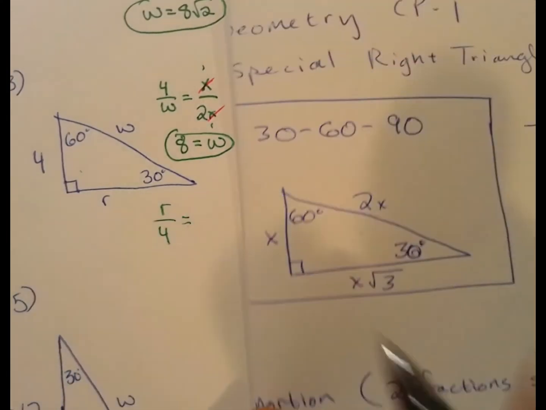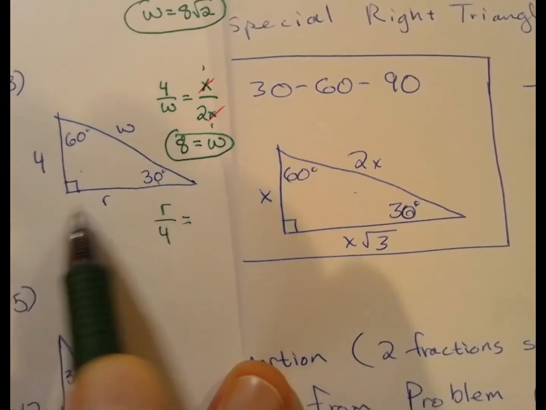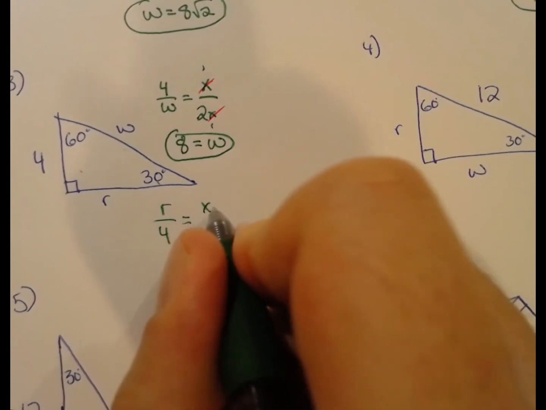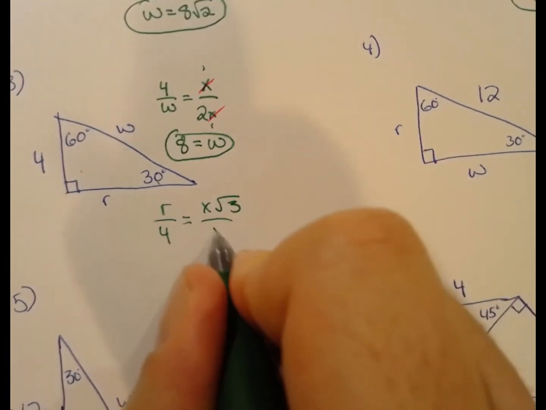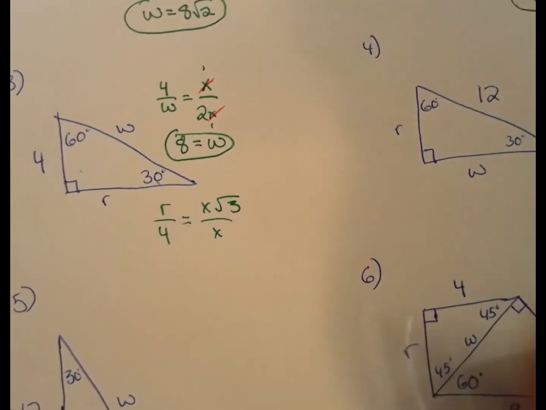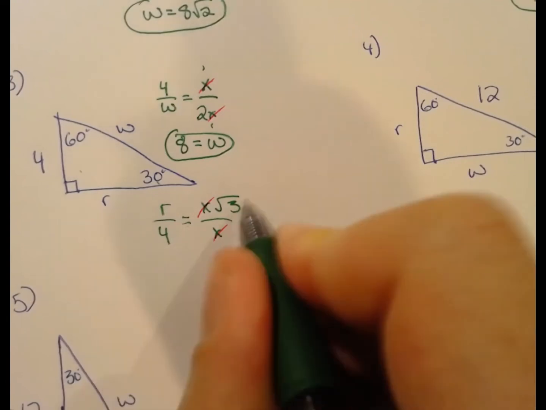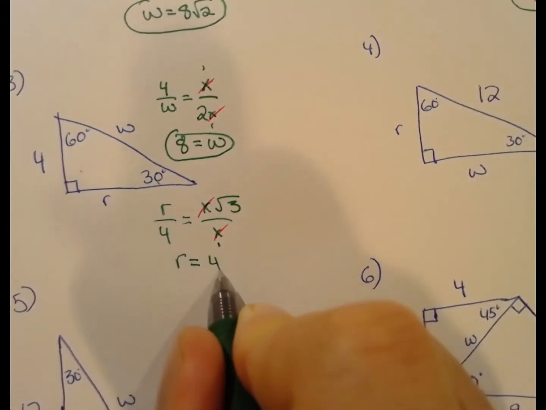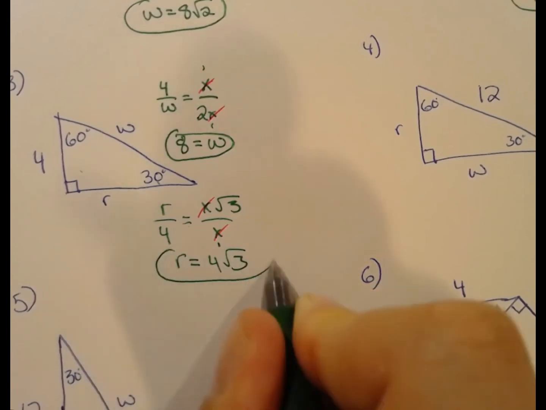R is the side that is between 30 and 90, so that's going to match up with x root 3. And then 4 is just the x side again. Per usual, the x's factor out. 4 times root 3 is r times 1. And done.